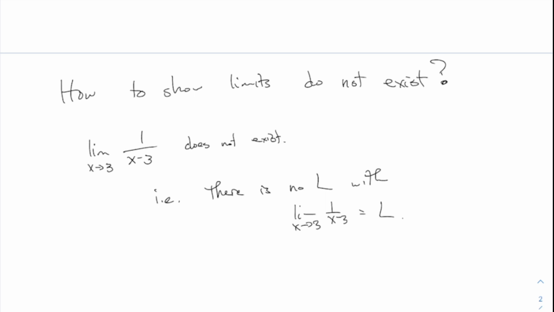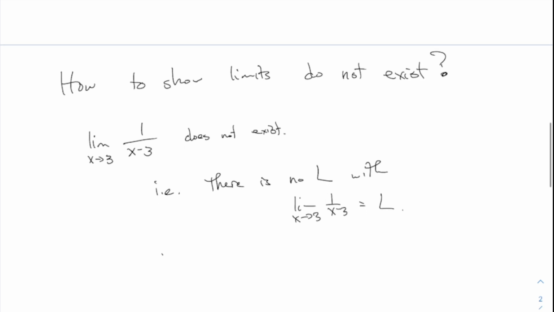So you take that for all epsilon, there exists delta such that whatever, and you do the negation of that. It turns into there exists epsilon such that for all delta, and then some other weird stuff with the rest of it. I'm just going to say, this is hard to demonstrate using the epsilon and delta definition.